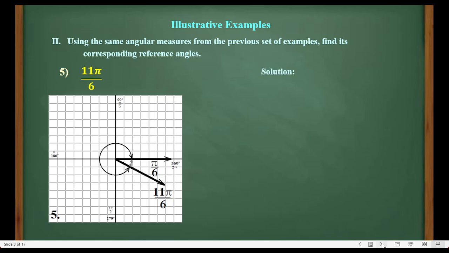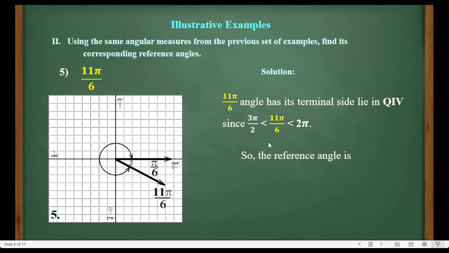So how do we compute for its reference angle? Okay. So to compute for the reference angle of given angular measure 11 pi over 6, we subtract the given measure from 2 pi. And the result is pi over 6, which is the answer.